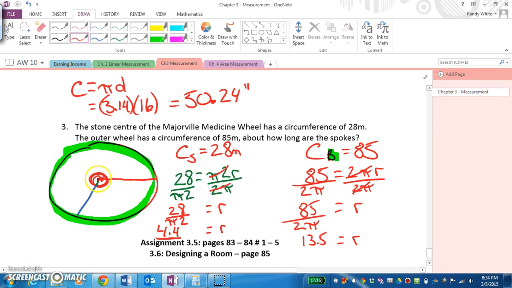Alright, so the radius of the small circle right here is 4.4 meters. The radius of the big circle is 13.5 meters. I want to know the length of the spoke. And the spoke goes from here to there, that purple line.